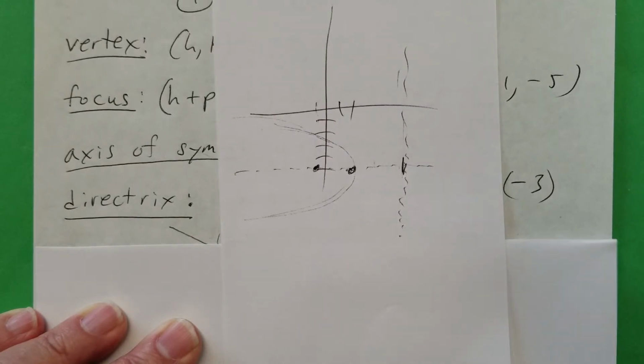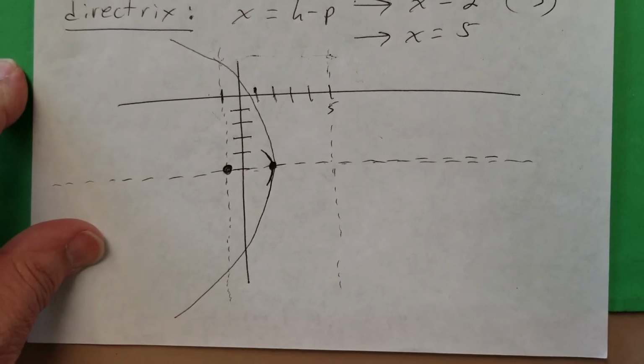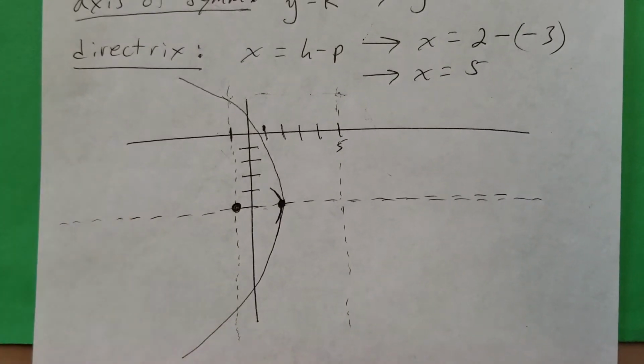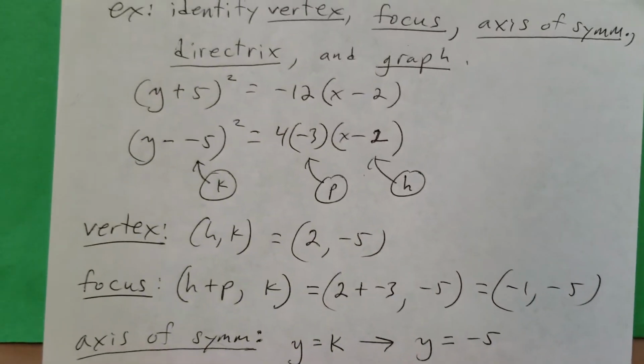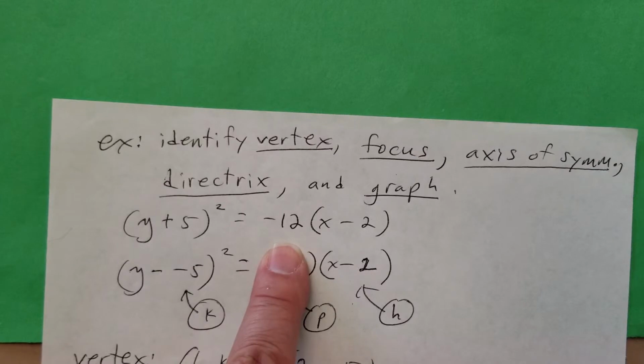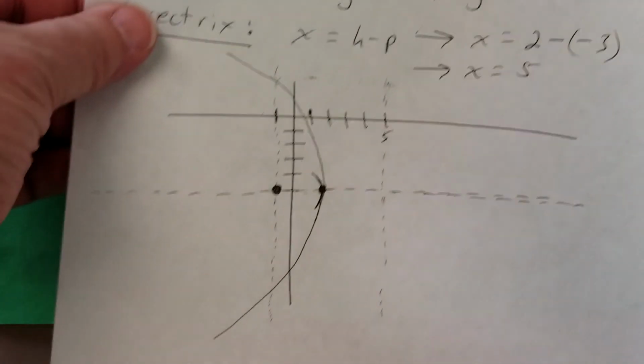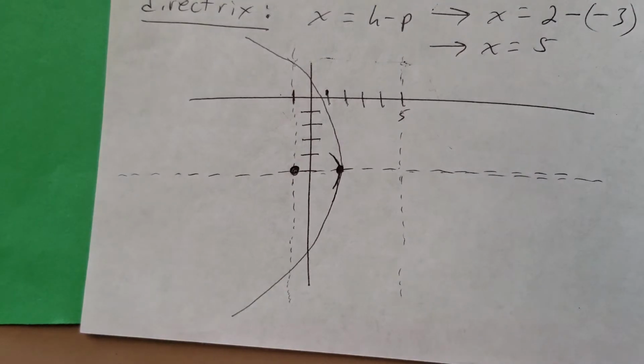I graphed it. That's it. That's all you have to do. So this is a little bigger here, but I graphed it. So what did we do? Just by looking at this equation, we found all this information, and with that information, I was able to graph it. Okay?